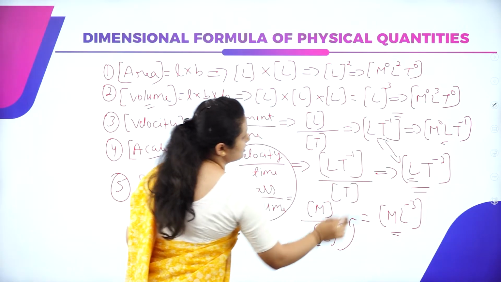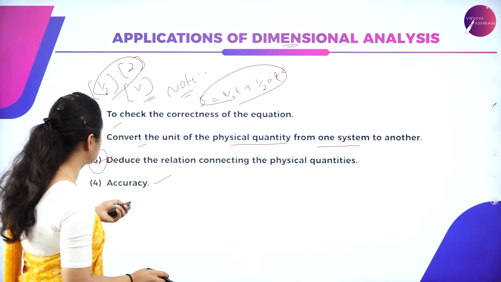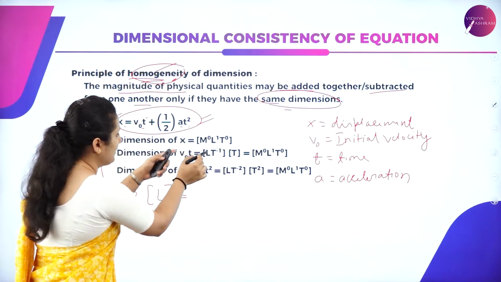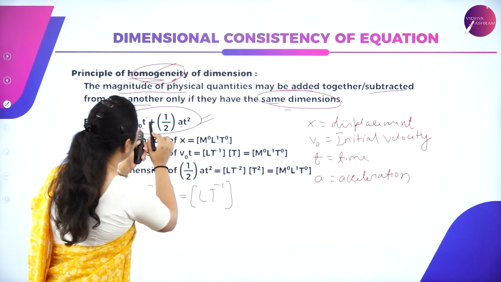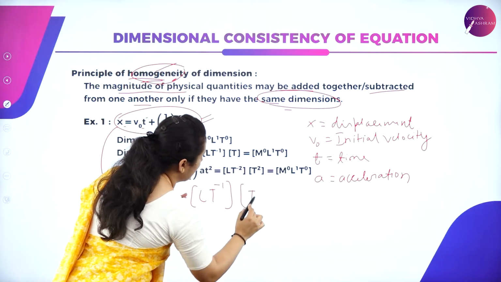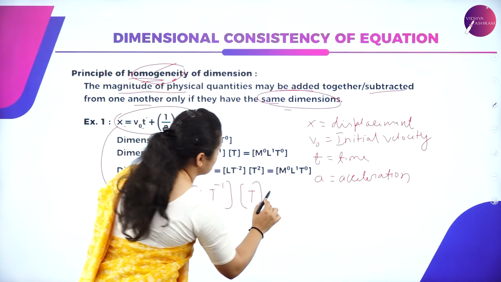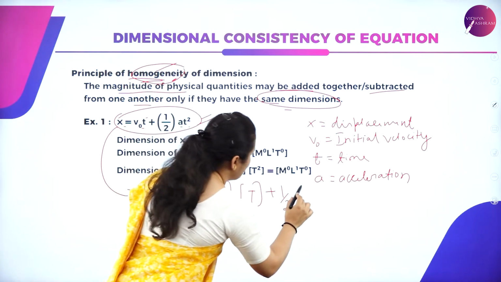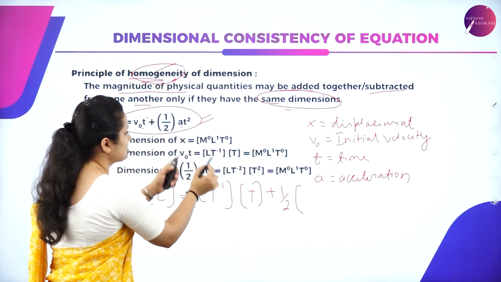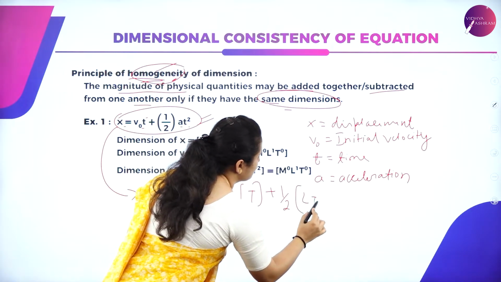Considering these two, substituting, for velocity you get L T to the power minus 1, and time is represented by capital T, plus half a t square. A is acceleration, and its dimensional formula is L T to the power minus 2.